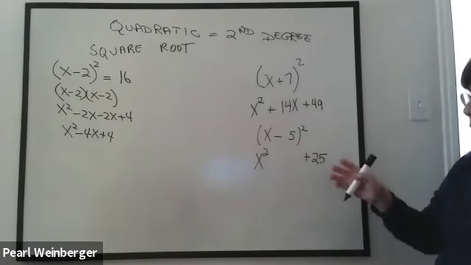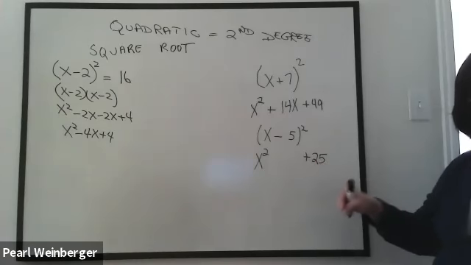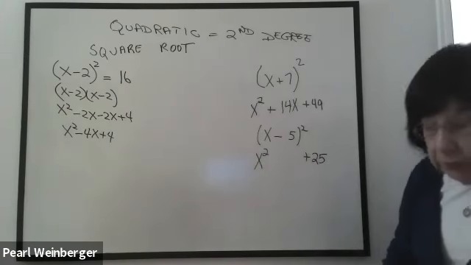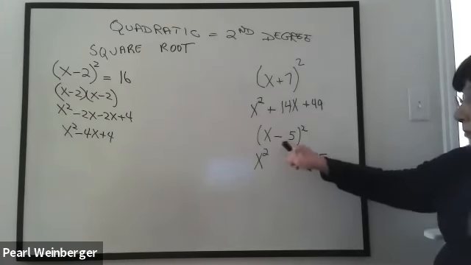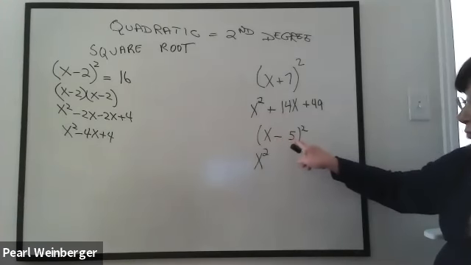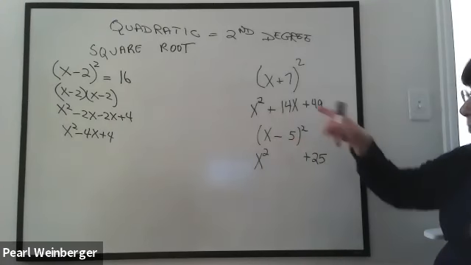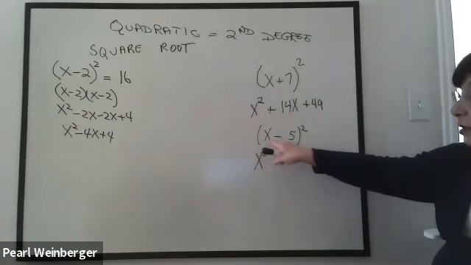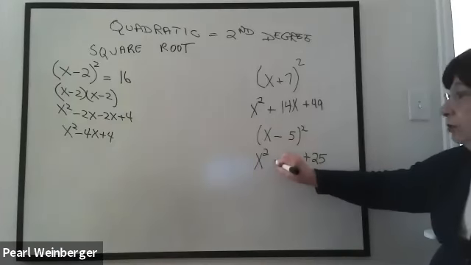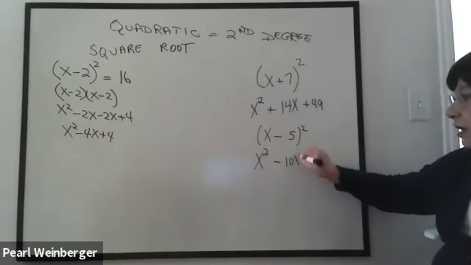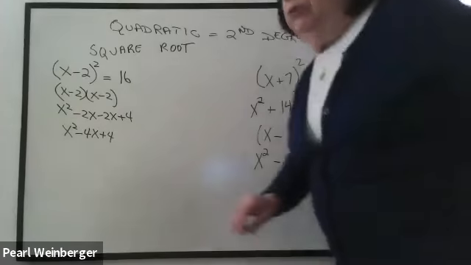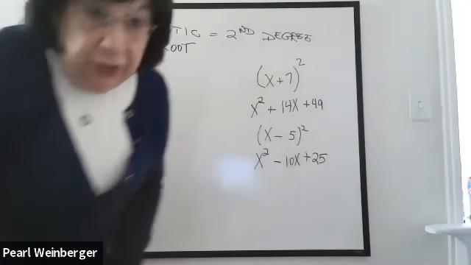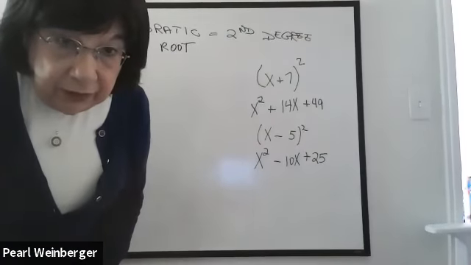And whenever you're squaring something, your last term will always be a positive number. And your middle term, well, you multiply these two things together. 5 times -x is -5x. But I have to double it, remember, because I'm really doing that twice when I'm multiplying one by the other. So -5x times 2 is -10x. And that's how you would do that squaring process very quickly.